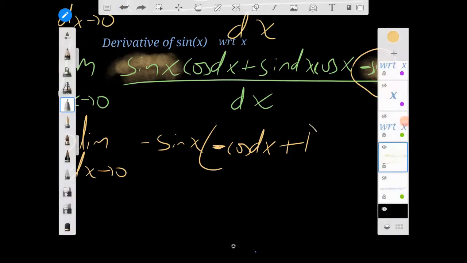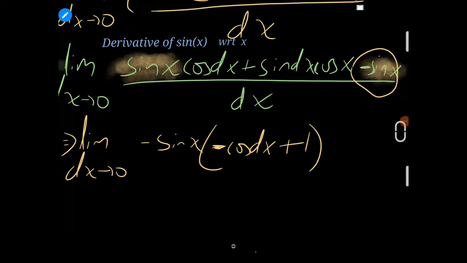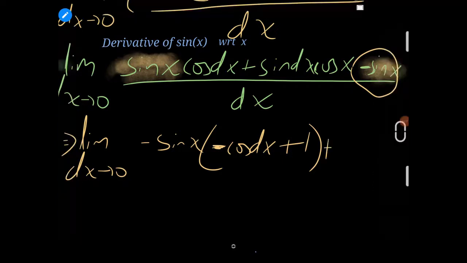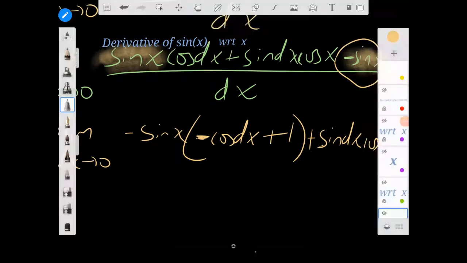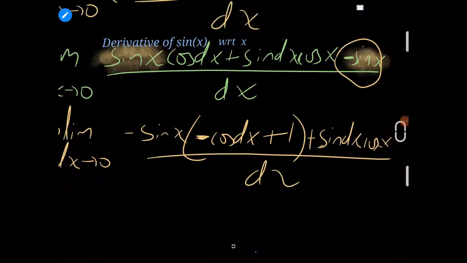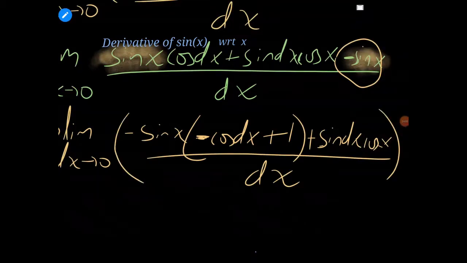Now this plus sine dx cos x, and the whole divided by dx. Don't forget to put the brackets.